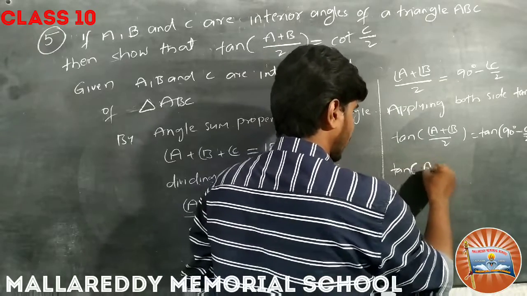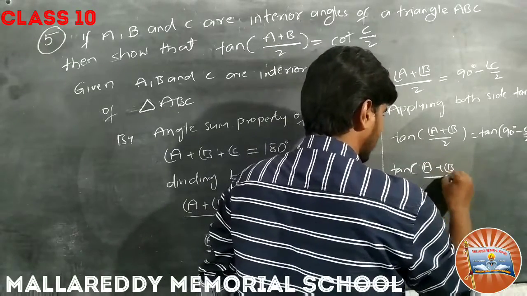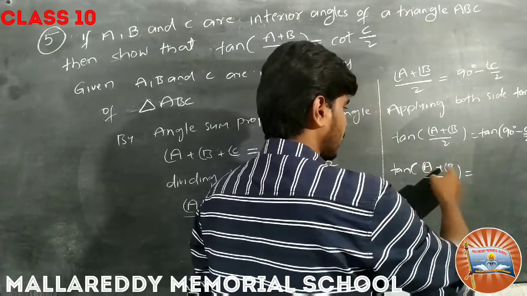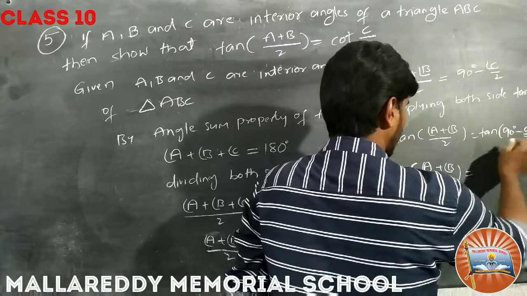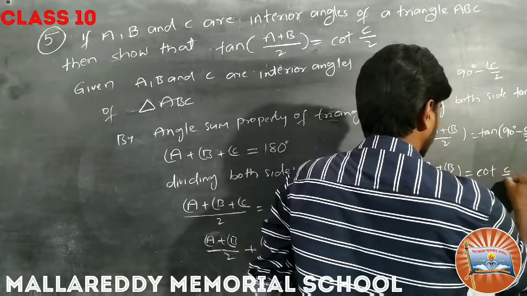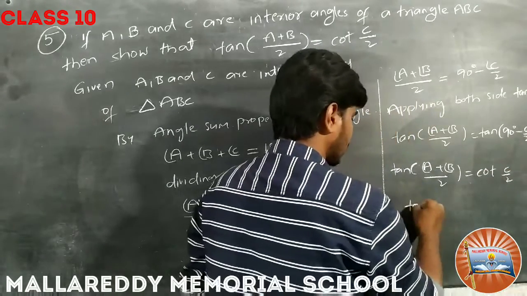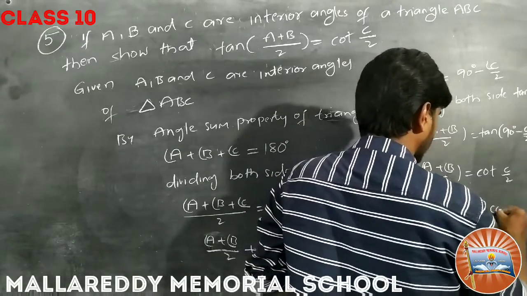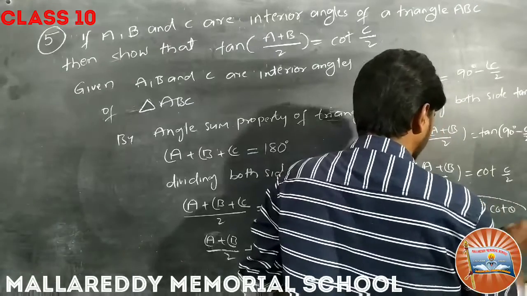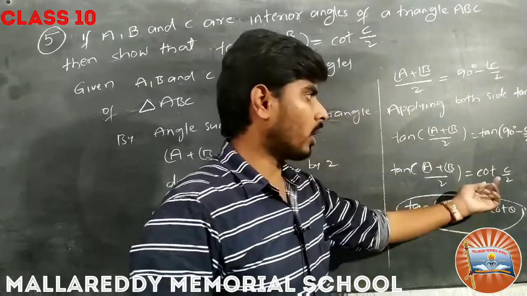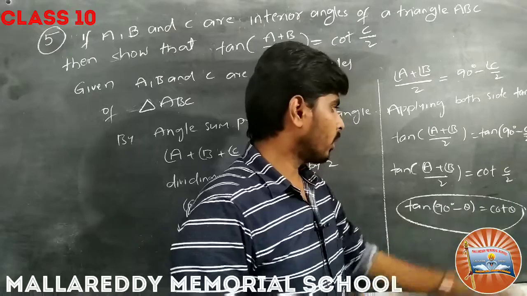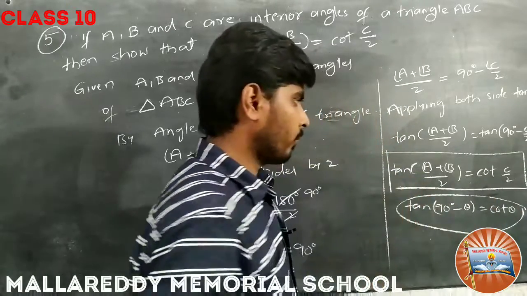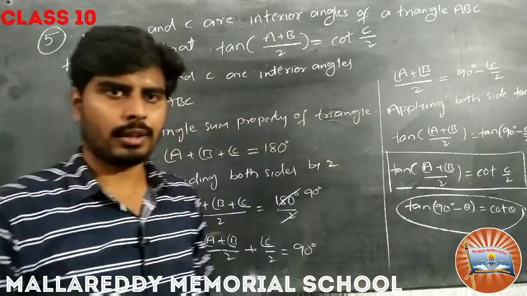Tan of (angle A plus angle B) by 2 is equal to what becomes, ma? It becomes cot C by 2, because tan 90 degrees minus theta is equal to cot theta. By using this formula I got cot C by 2 here. This is what was required to prove. Hence proved here.